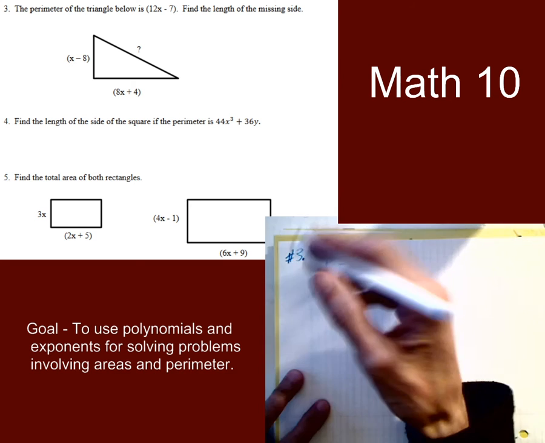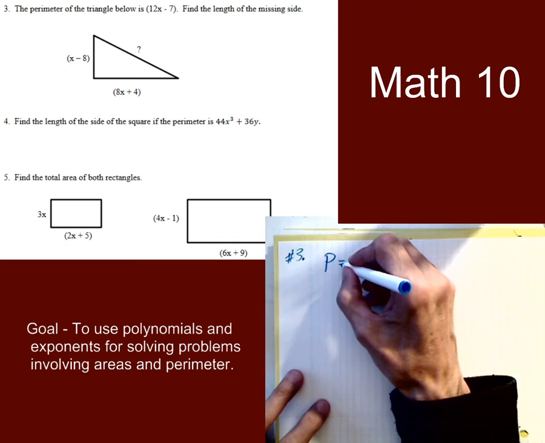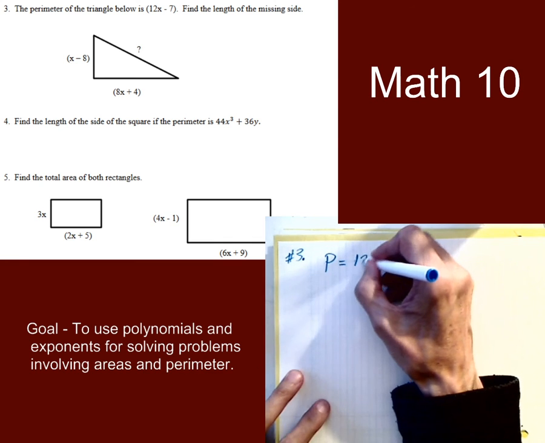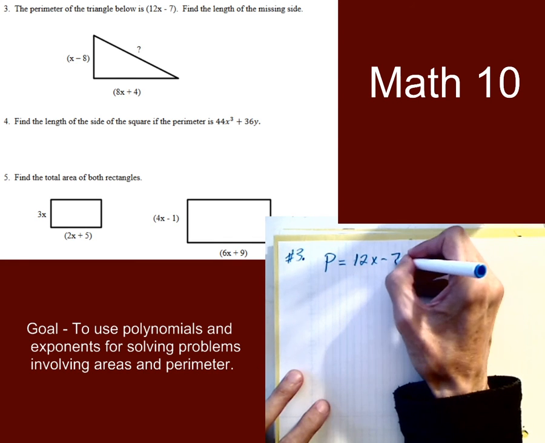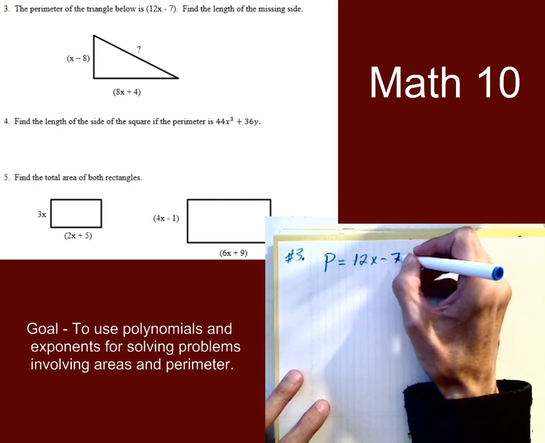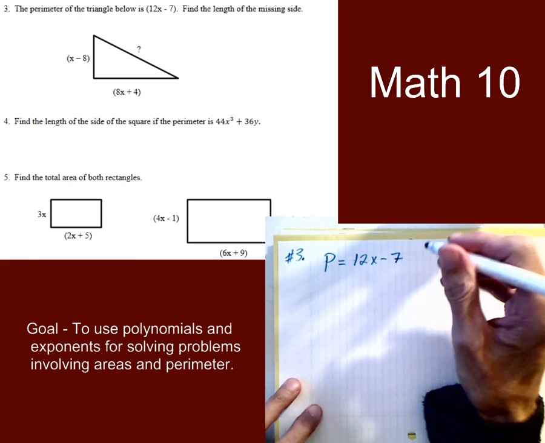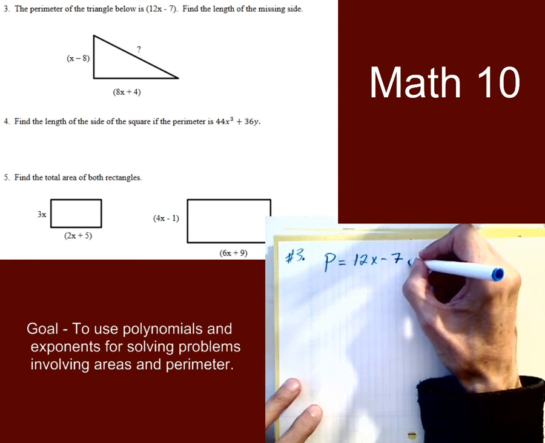Usually it's a big P for perimeter. The perimeter is equal to 12x minus 7. That translates the first sentence. That's it. The question is to find the missing side.